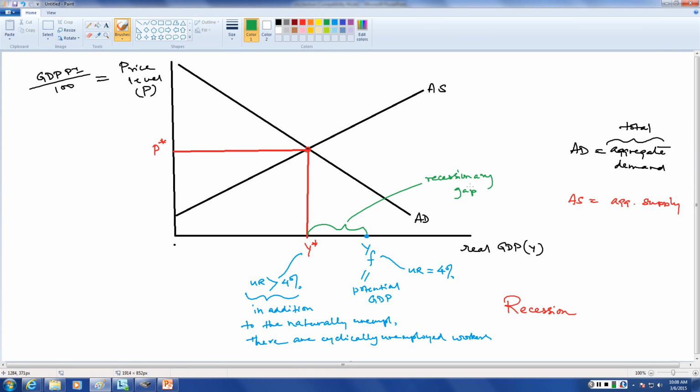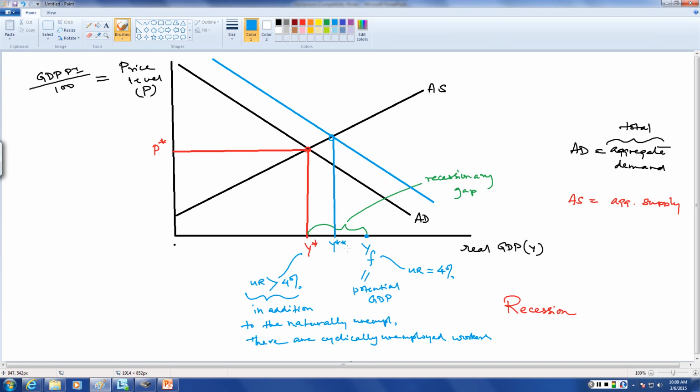then that would narrow any recessionary gap, perhaps eliminate it altogether, correct? Now you can view this quite easily by shifting this AD curve that you see here to the right like this. Now if the AD curve was shifted to the right like that, we would have a new equilibrium. Macroeconomic equilibrium would be there, and that would, of course, translate to a higher level of equilibrium real GDP, Y double star.